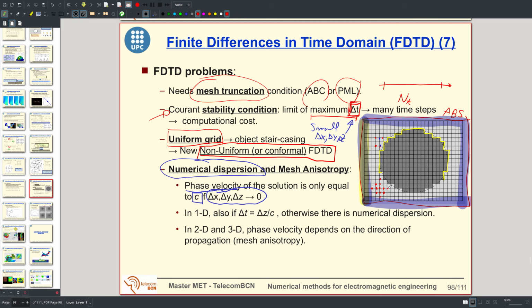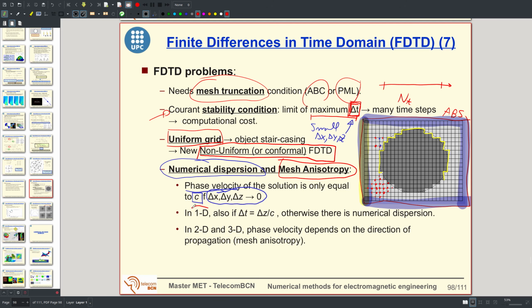and then again at the neighbor points. So our wavefront is not spherical. That means that the speed of propagation depends on the direction of propagation, which is mesh anisotropy, and not only on the direction of propagation, but also is only accurately equal to c if the space steps are very small.